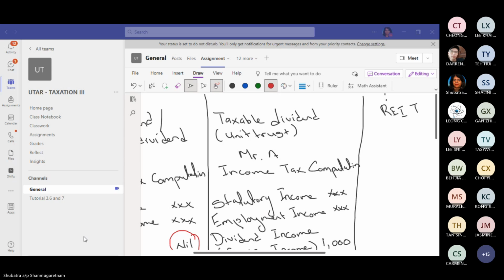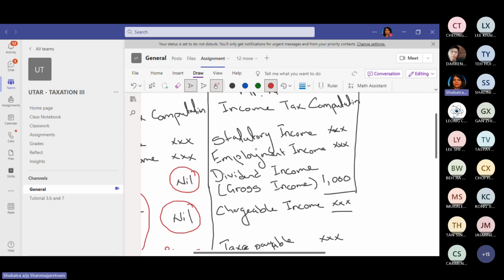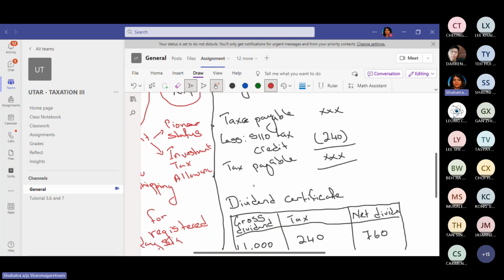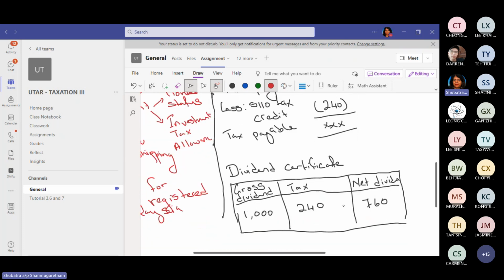Now, when you get a taxable dividend, for example, from a unit trust, in your tax computation, you will show it this way: statutory income, employment income, dividend. Dividend must be shown at gross. So what do I mean by gross dividend? Say this is your dividend certificate.